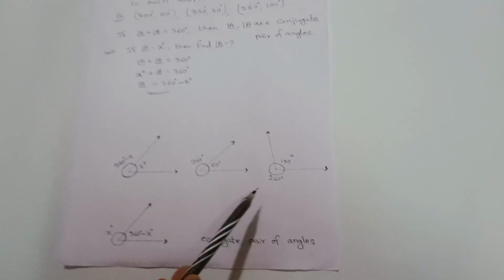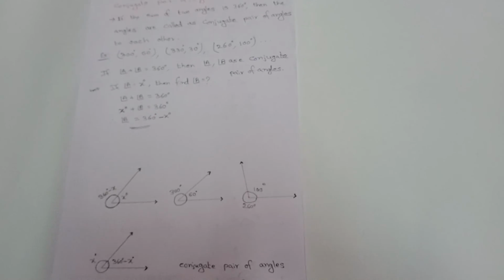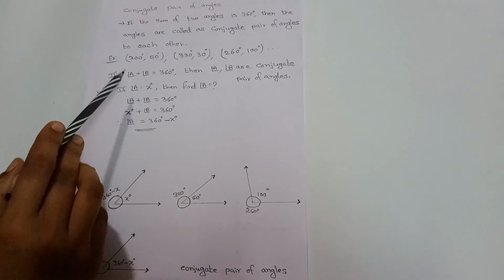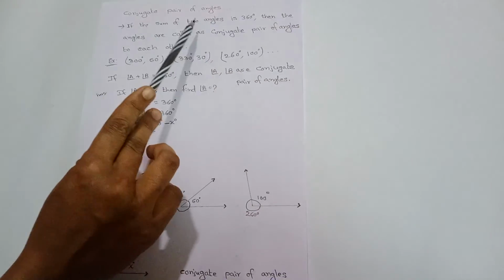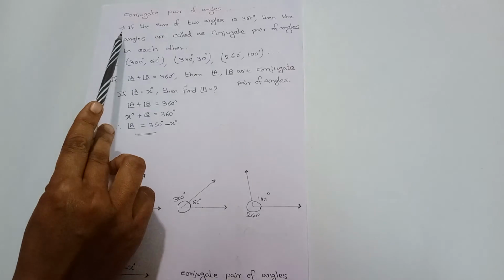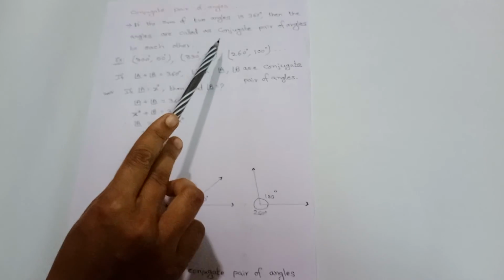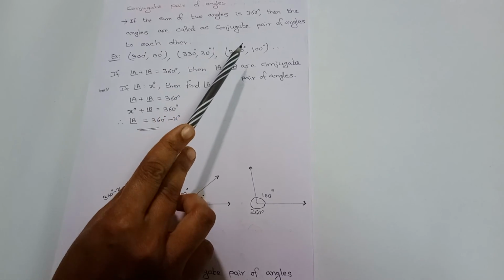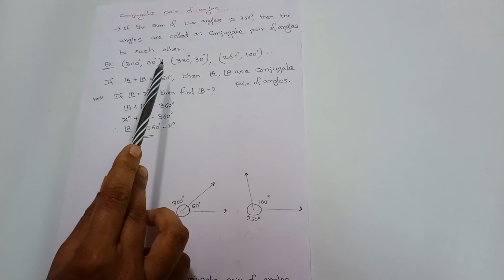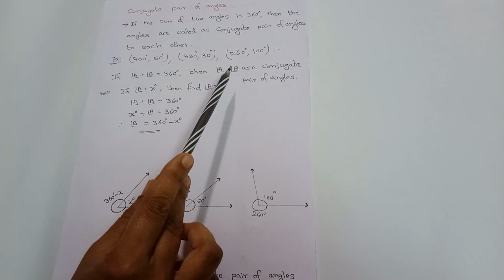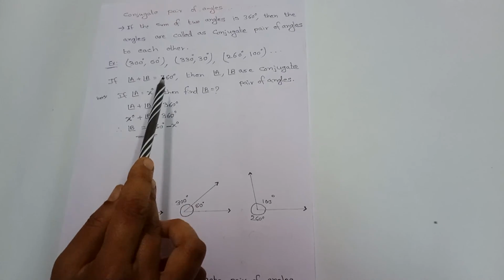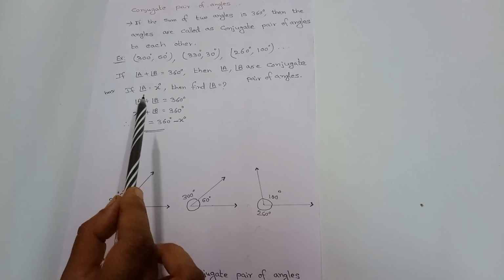These are all conjugate pair of angles. If the sum of two angles is 360 degrees, then the angles are called as conjugate pair of angles to each other.